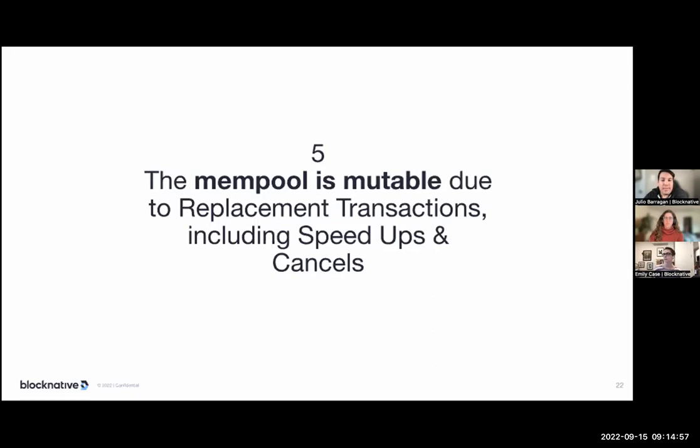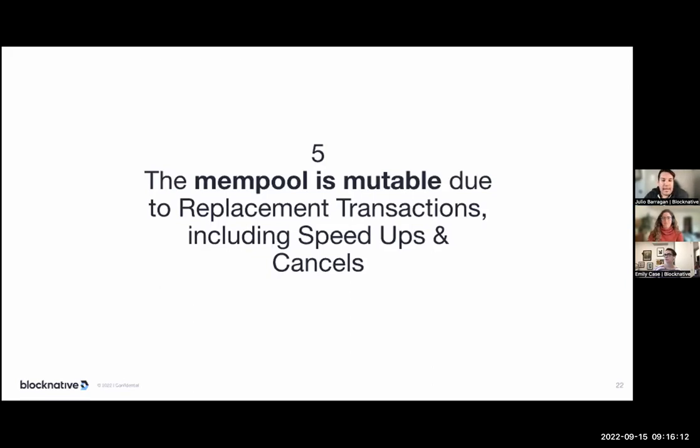And so just because your transaction is pending in a certain state doesn't mean that's the state it's going to end up at. You can zero it out, you can cancel it, you can add gas to it. That's a speed up. You can actually change any parameters as long as you reuse the nonce and you add more gas.